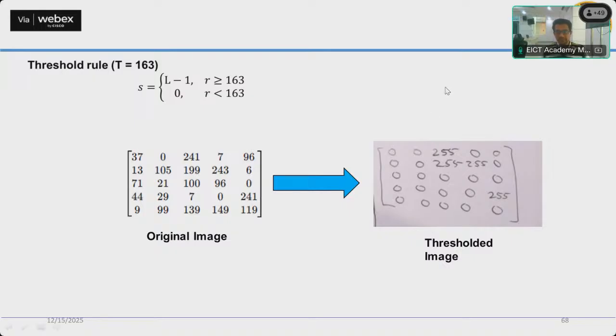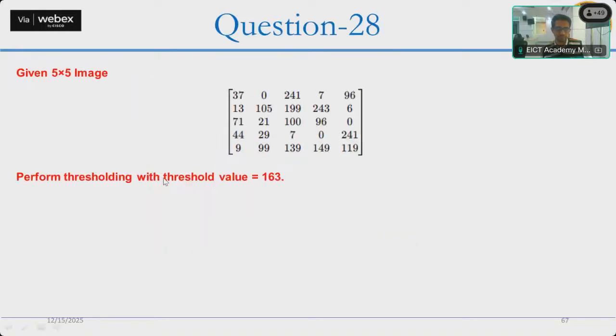When thresholding is given, there is no need for negative. Thresholding is not like the negative conversion. It is basically a transformation, if you really see these operations.